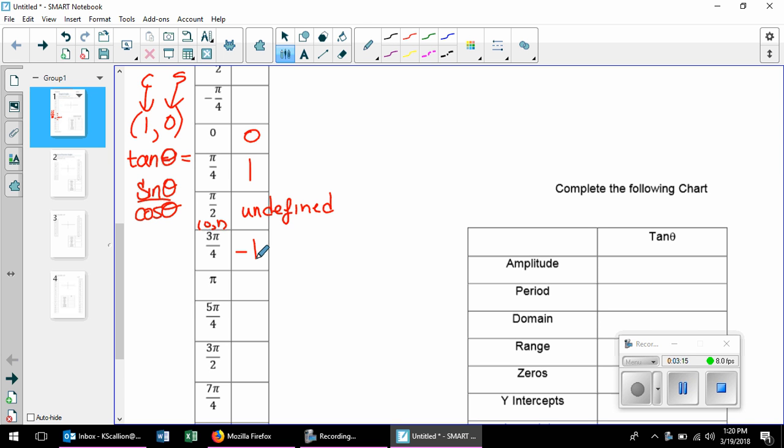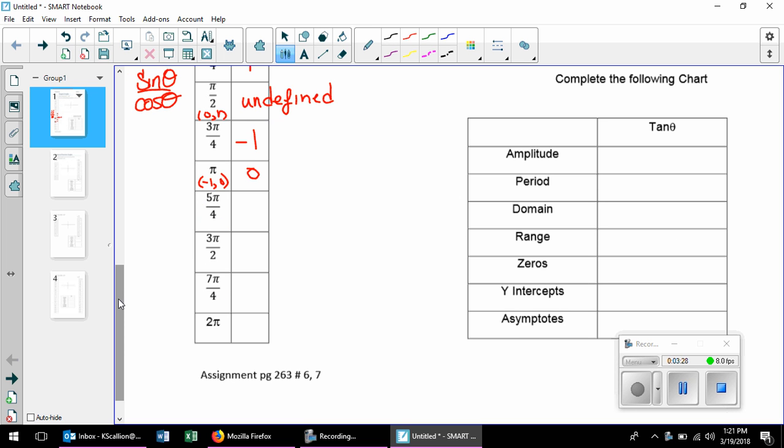Okay, at pi, I'm at -1 and 0. So what is it there? 0. 5 pi over 4. You're in quadrant 3 now. Positive 1, thanks. 3 pi over 2, undefined. 7 pi over 4, -1. And back at 2 pi, 0.